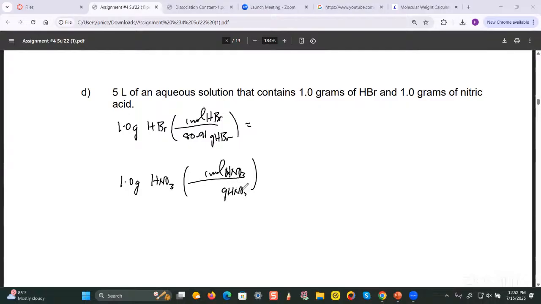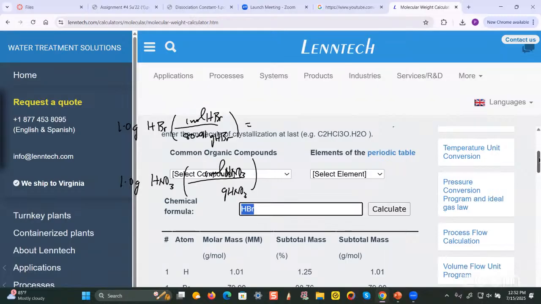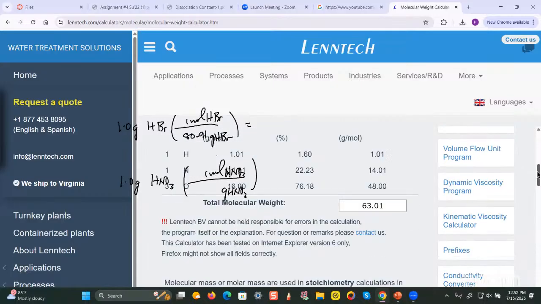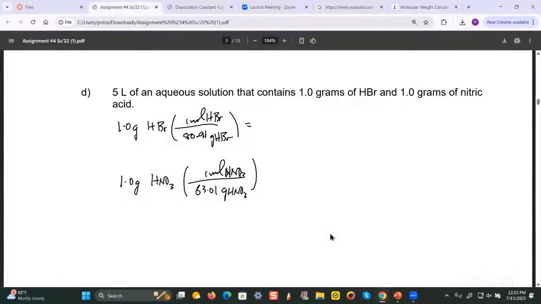If I remember correctly, the molar mass of nitric acid is 63 point something. Let's see what this gives. 63.01 goes here. 63.01 grams of nitric acid is in 1 mole. So we need to work out both of these.